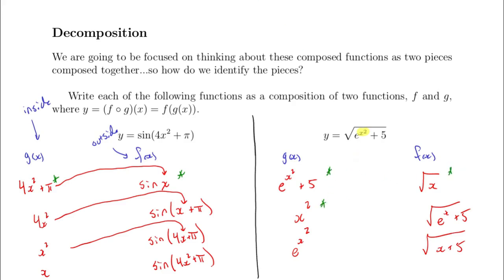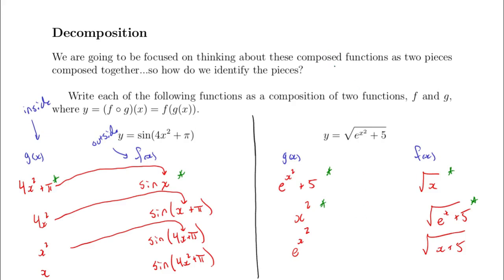We kind of have two of them, and that's because you can think of this as having multiple layers of composition. You could see that this x squared is inside of our exponential, but then this exponential stuff is inside of a square root. So again, there are multiple layers of composition that we can see here. That's probably a bad way of visualizing it, but whatever. Hopefully we can see that.